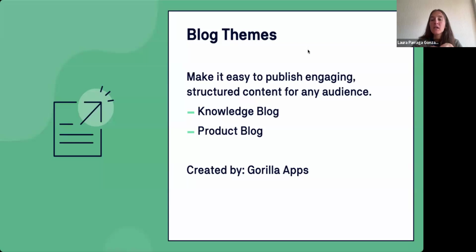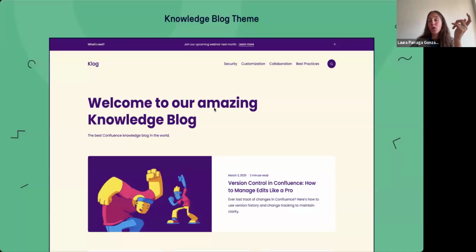We'll get to that in a moment. They offer optimized layouts for readability, discoverability, and just in general, a great user experience. The 2 variants that I was just talking about are one block for sharing knowledge and the other for sharing product updates. So the knowledge block theme could look like this.